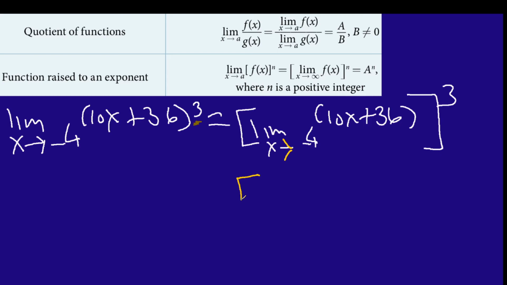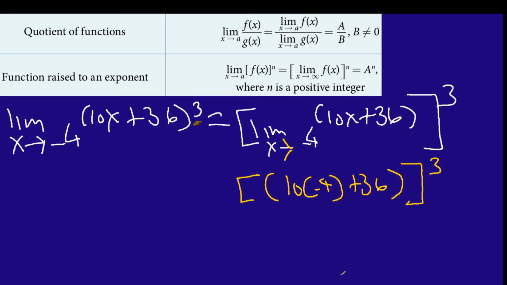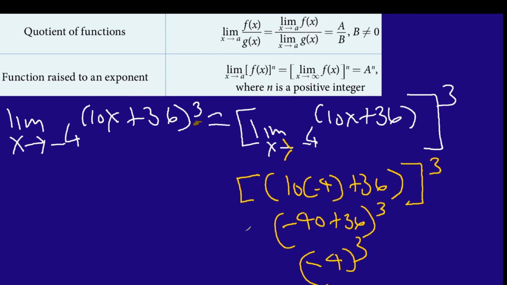We still have our brackets here, and now we have inside parentheses 10 times -4, plus 36, raised to the third power. 10 times -4 is -40, so -40 plus 36 is -4, and then -4 raised to the third power is -64.